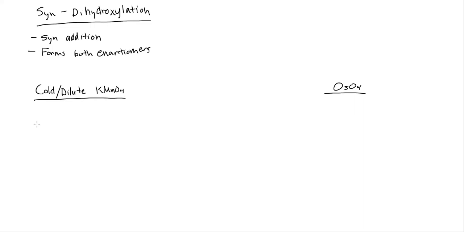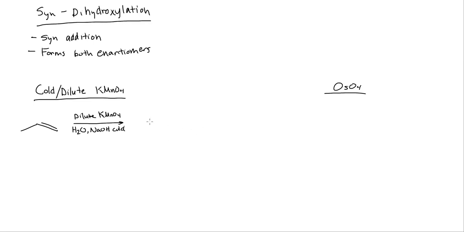So let's do this alkene. We'll do a couple of examples. But so with cold and dilute KMnO4, so we have dilute KMnO4 on top, so potassium permanganate, okay? And then on bottom, we usually have water, NaOH, and it's cold, okay?